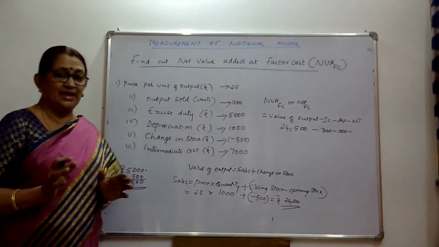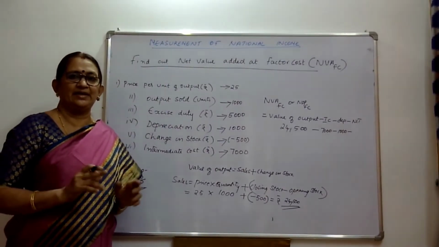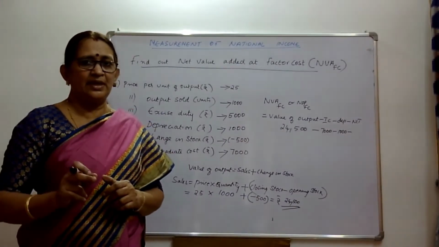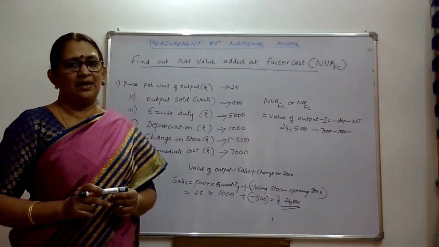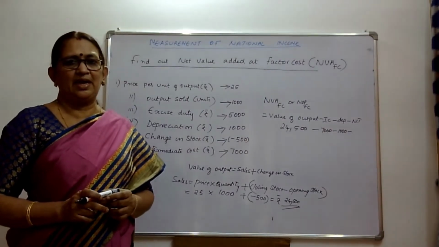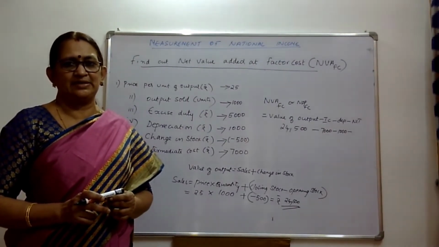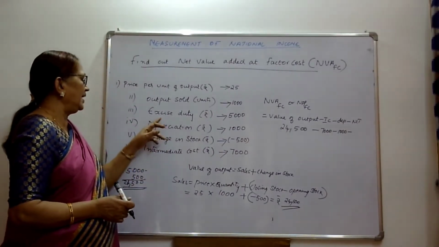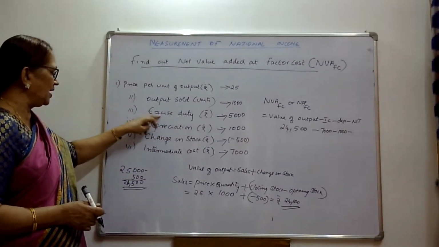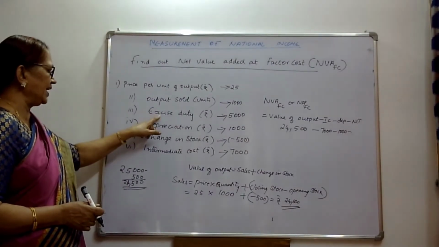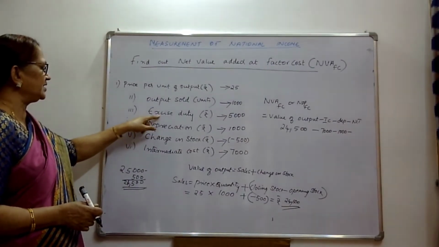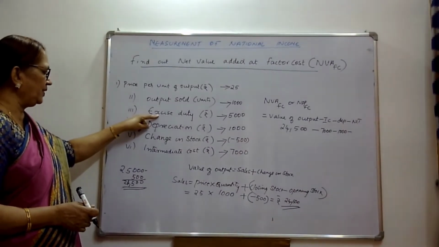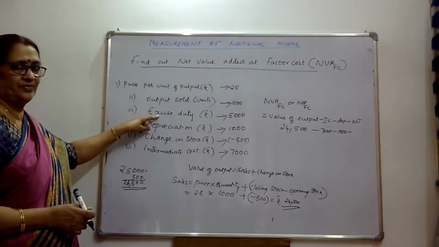What is net indirect tax? Indirect tax minus subsidy. What is indirect tax? The tax levied by the government on goods. It can be GST, goods and service tax, excise duty, customs duty. So here excise duty is given, one component of indirect tax. No other particulars of indirect tax are given.